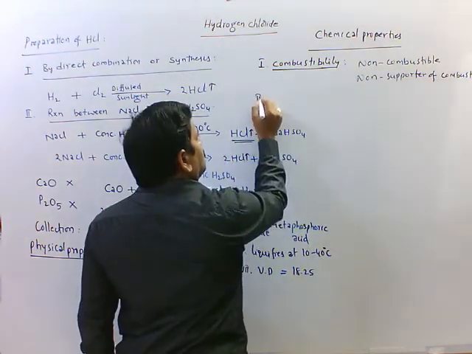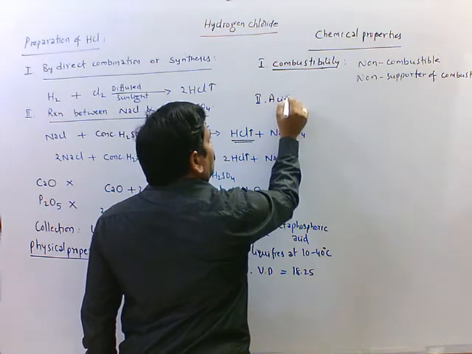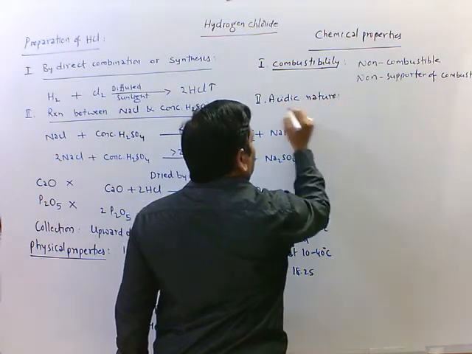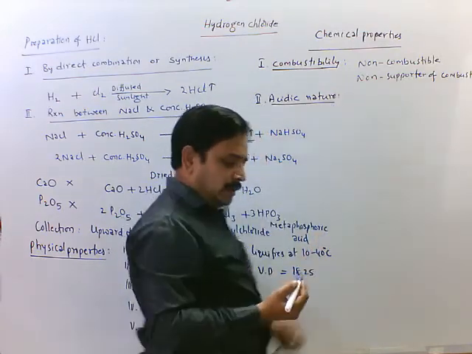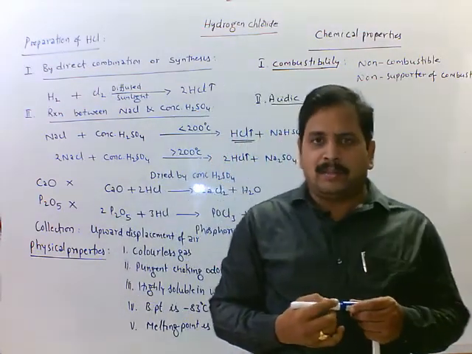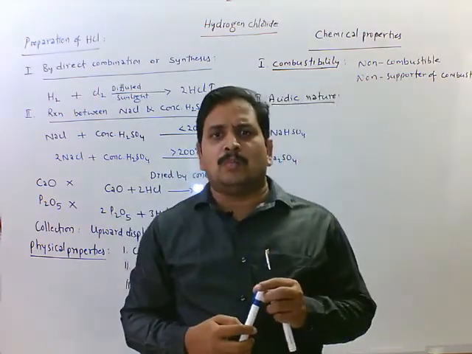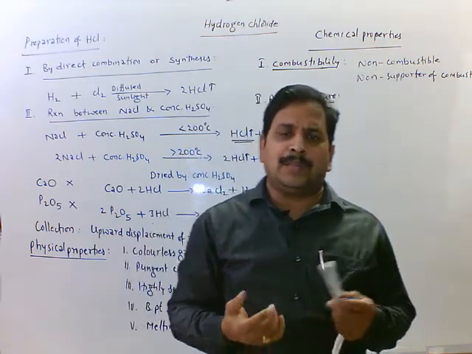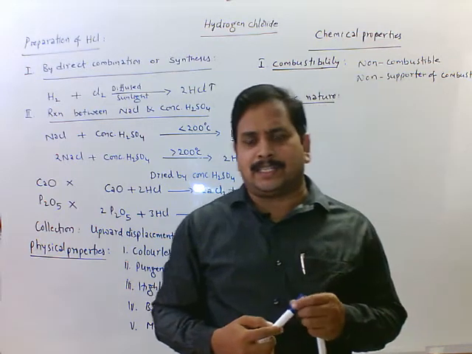Second one is acidic nature. Hydrogen chloride converts blue litmus paper into red. That means it possesses acidic nature.